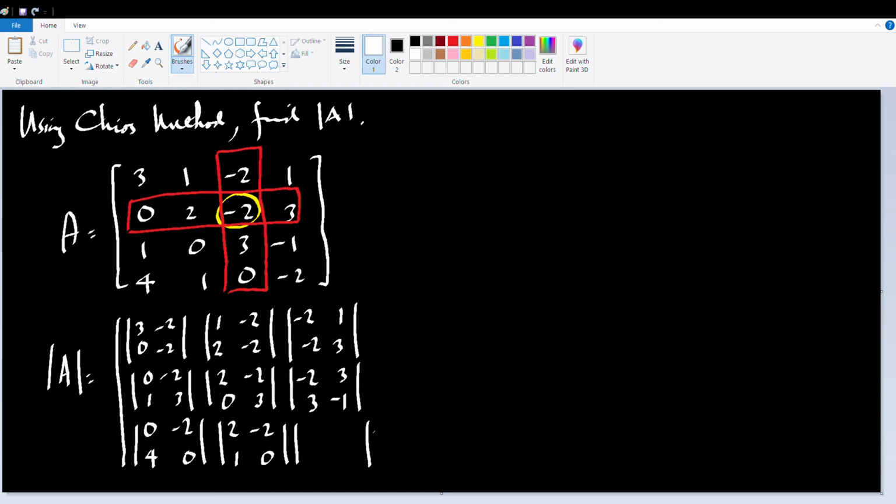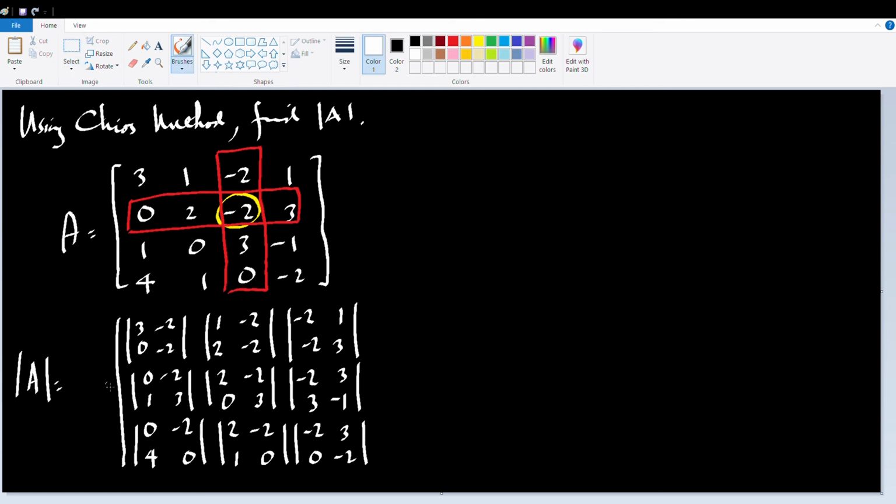Finally, negative 2, 0, negative 2, and 3. Okay, and there is a factor. I forgot to write the factor.